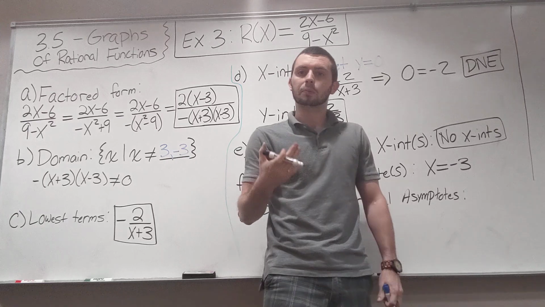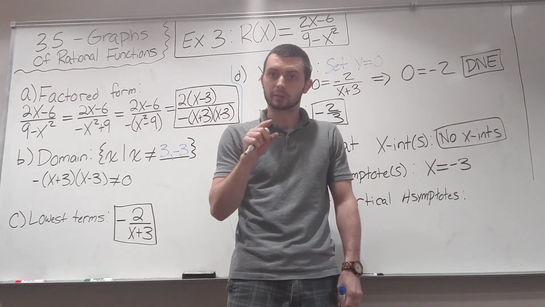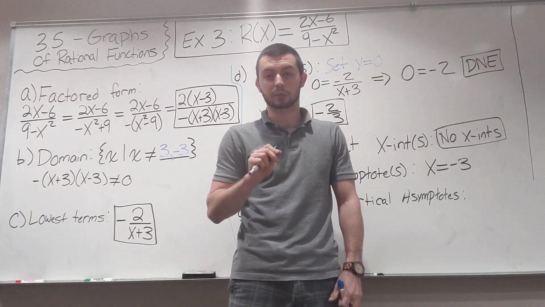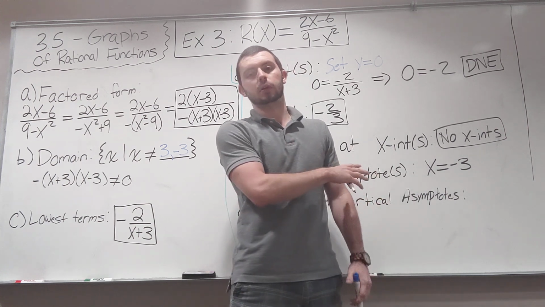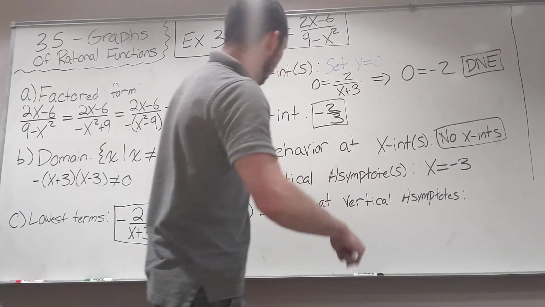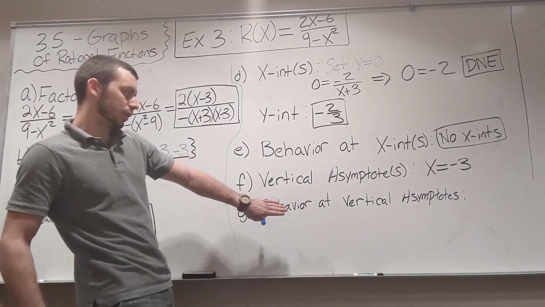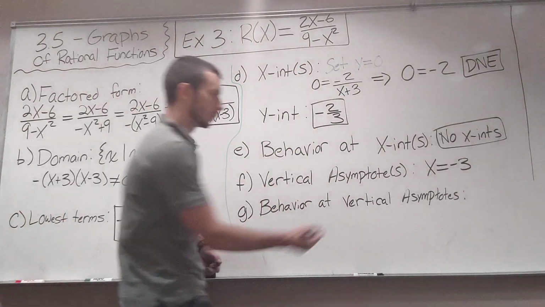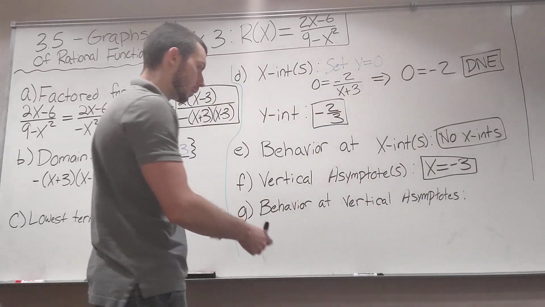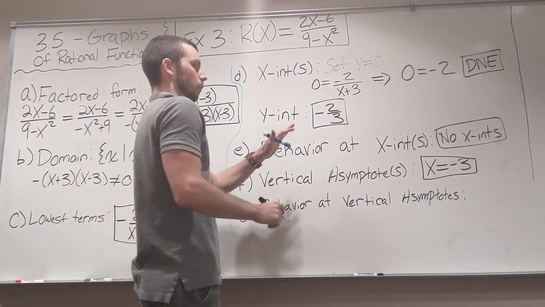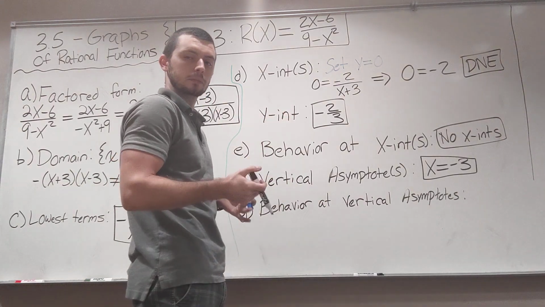And remember, if something cancels out, then it creates a hole in the graph. It's not an asymptote, it's a hole on the graph, which we'll see at the end of this problem when we graph everything. And then we look at the behavior at the vertical asymptotes. So that behavior will be, we have to figure out the multiplicity.